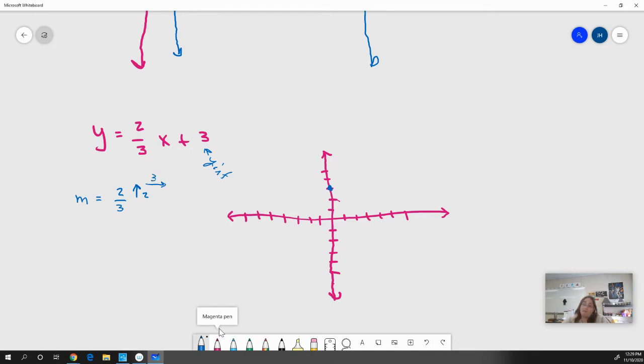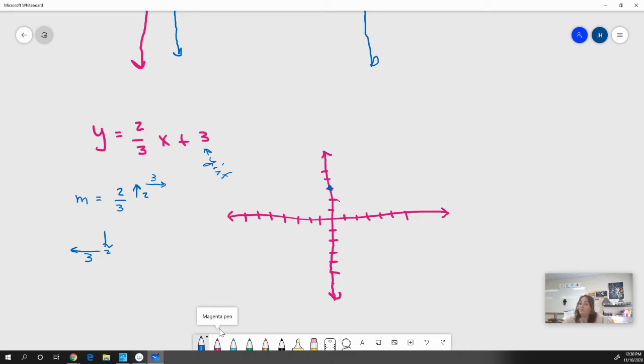Now, keep in mind when we're talking about a positive slope, we can also go negative over negative. Like if we need to take it in the other direction because we need to make room, I could also go down 2 and then -3, and it's going to have the same result. But sometimes you want to go the other direction just to make it fit on the graph.